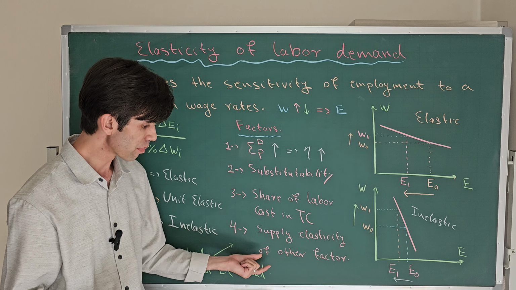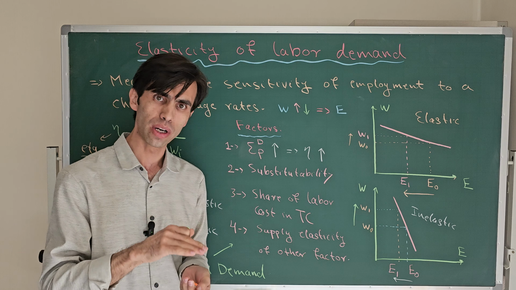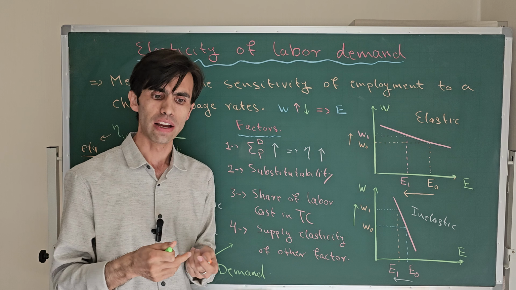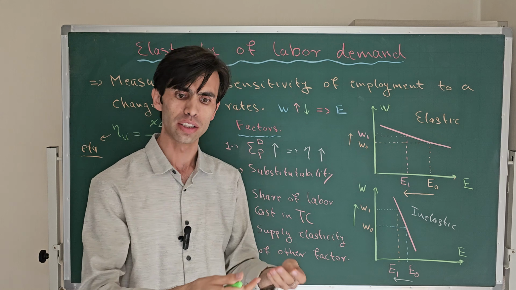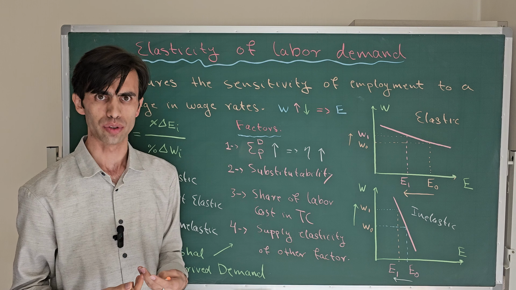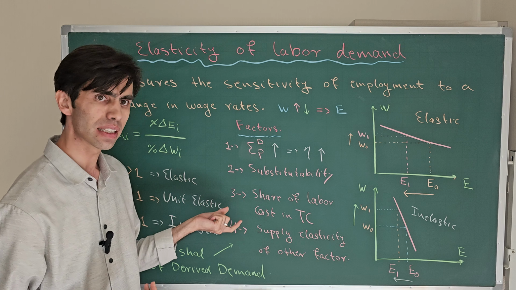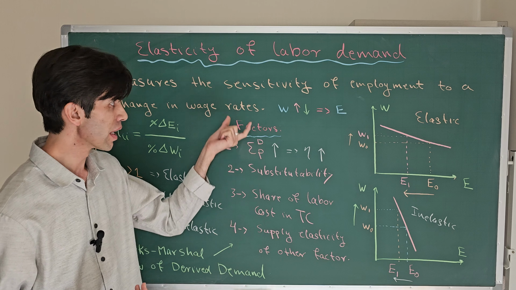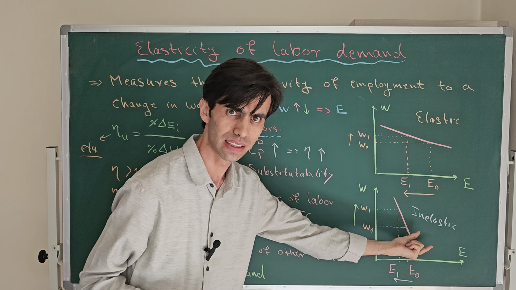In this case, the elasticity of labor demand will be low. But if they can respond easily to the change in the price of capital and supply more, it's easy to substitute. So these are the four main factors that can make labor demand elastic or inelastic.